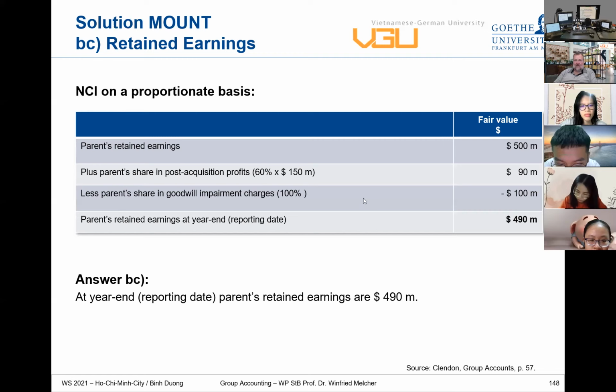Now here you see that the parents will get the full impairment charge of 100 million, 100% of that, and that will be debited from their retained earnings. So in the end, at the reporting date, the parents' retained earnings are 490 million.